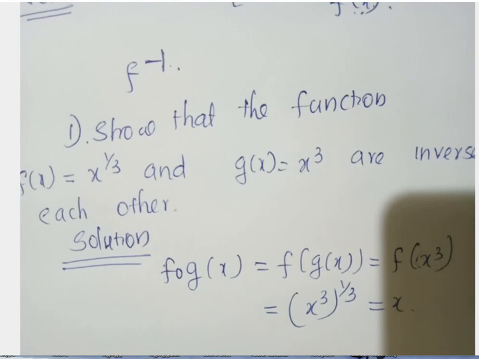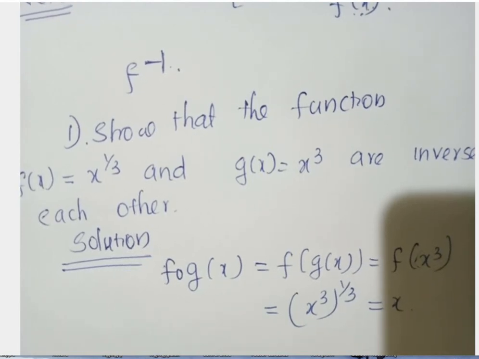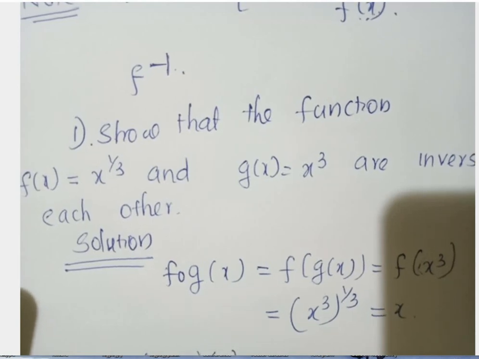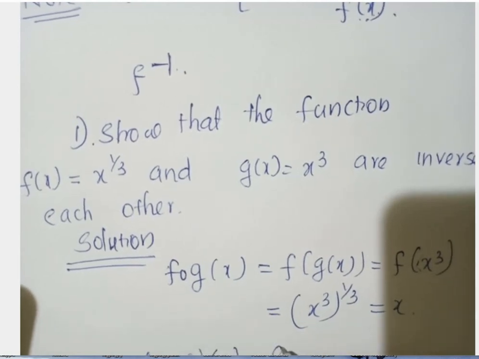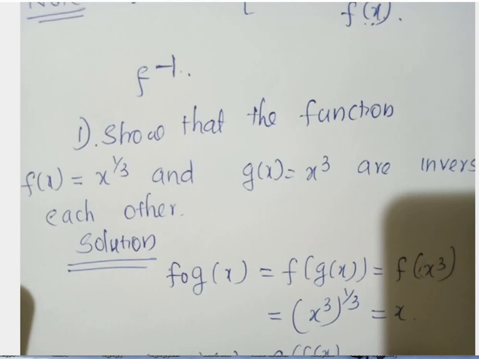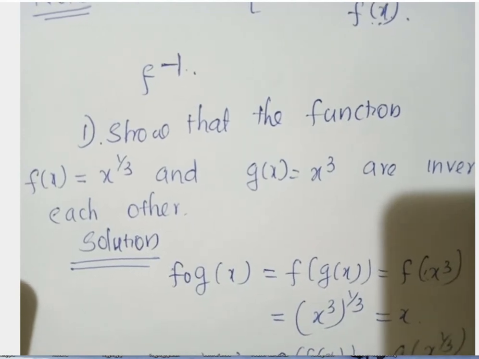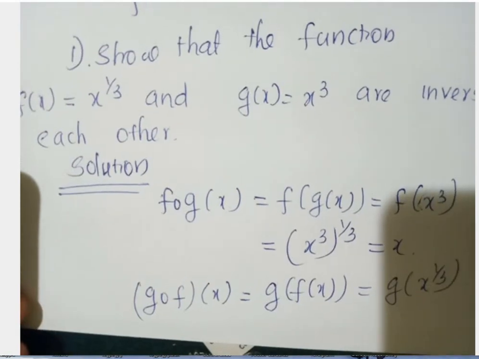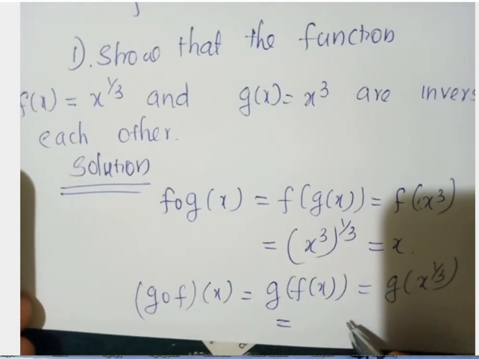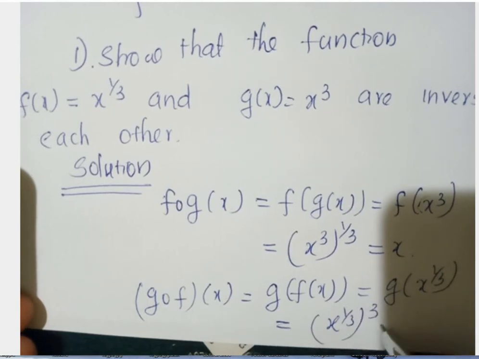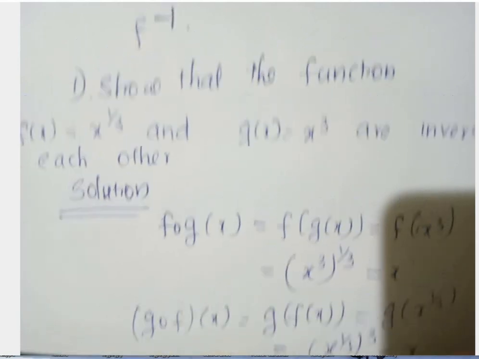And also we have to check whether g of f of x is equal to x or not. So this is g of f of x, which is equal to g of x raised to 1 by 3, and this is equal to x raised to 1 by 3 whole raised to 3, which is the same as x.